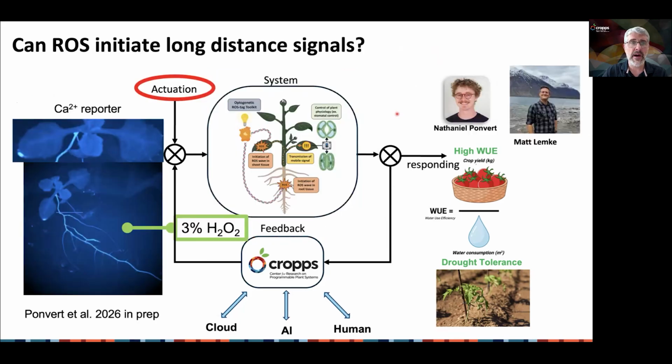So this led us to hypothesize that perhaps we can control some of these long-distance changes with ROS, like hydrogen peroxide. So simply adding hydrogen peroxide to an Arabidopsis root does in fact lead to a rapid long-distance signal up through the root into the shoot, and we can visualize that in real time within minutes with our GECKO.